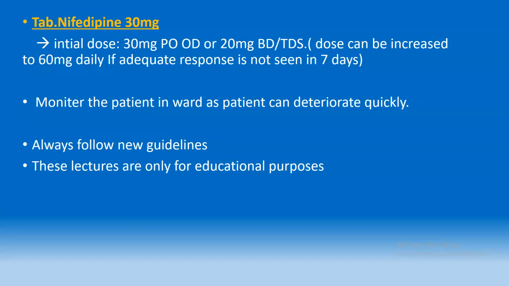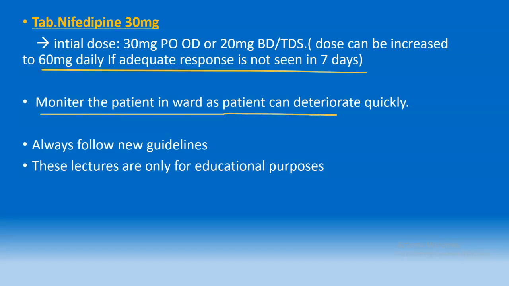The dose can be increased to 60 mg daily if an adequate response is not seen in 7 days. So if you are using nifedipine as your first choice, you need to monitor in the first 7 days whether it's adequately controlled or not. So remember, monitoring the patient in the ward is most important, as the BP can deteriorate and lead to complications.